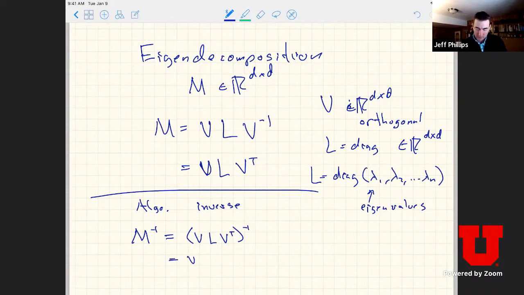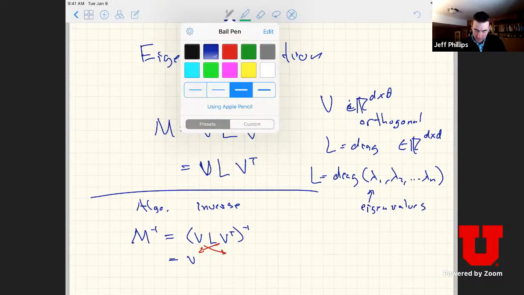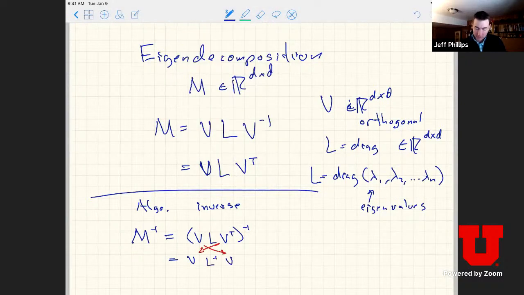So this V transpose is coming down there, this one's coming down there, and we get V, L inverse, V transpose back again. So I just need to take the inverse of L. L is a diagonal matrix, so this is going to be equal to lambda 1 inverse, lambda 2 inverse, up to the last inverse.